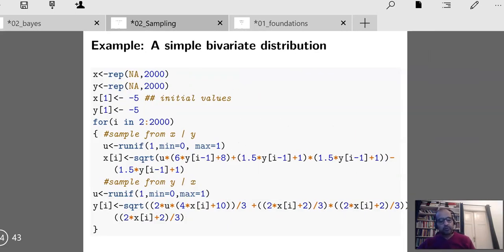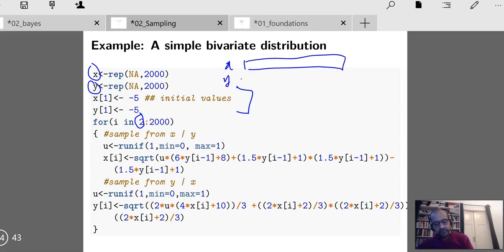Here's the code for what I've just told you. We're going to run 2000 iterations, and we're going to save the samples of the parameters x and y in a vector with 2000 cells in it. So here's the initialization in step 0, and notice that I start with step 2. The reason is that the vector x and y has 2000 cells, and confusingly for us now, the first cell in this vector corresponds to step 1, which for us is step 0.